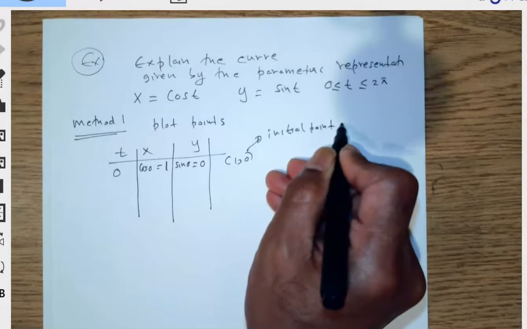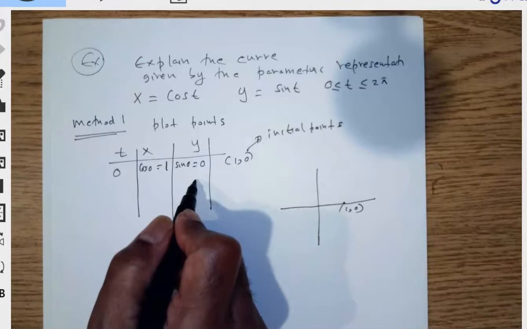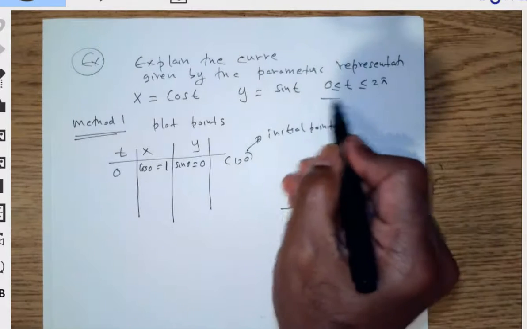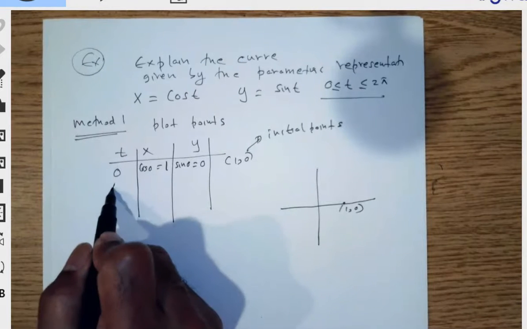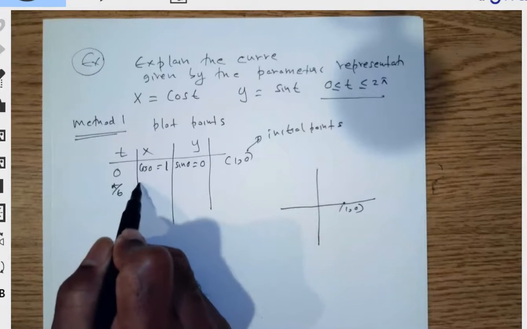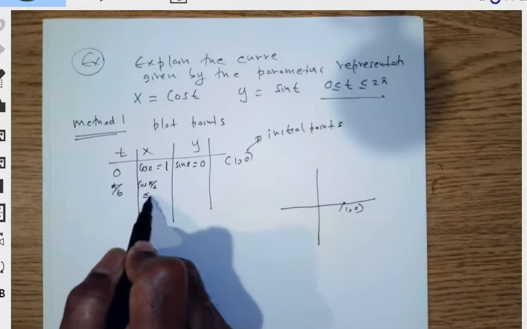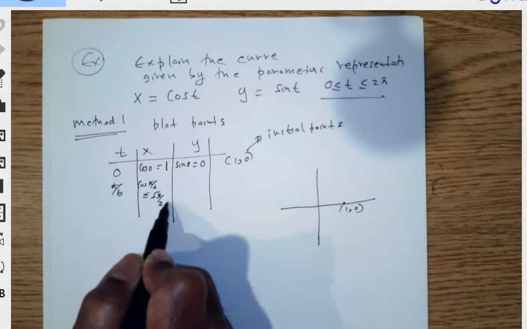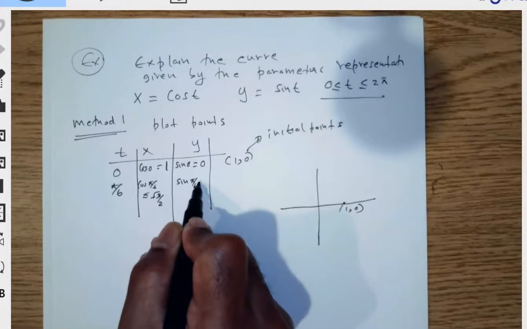You need to keep track of how it goes. That's the initial point, and then we go to the next point. We need to go from 0 to 2 pi, the unit circle, so maybe the next point might be a good idea to take 30 degrees, so the unit circle angle pi over 6. Then we have cosine pi over 6, which is square root 3 over 2, and sine pi over 6, which is 1 half.